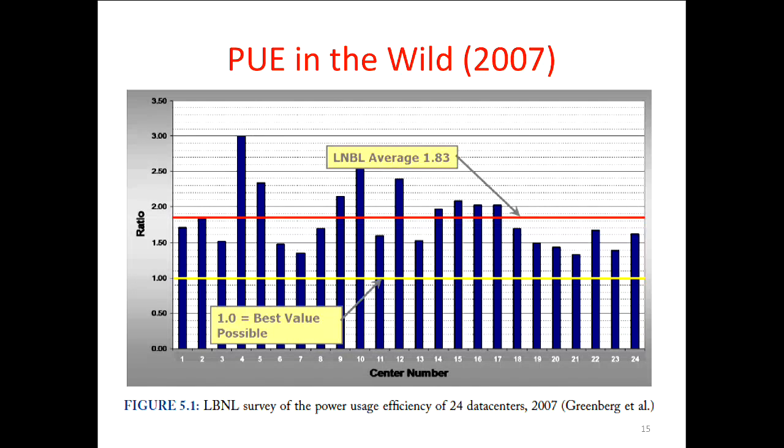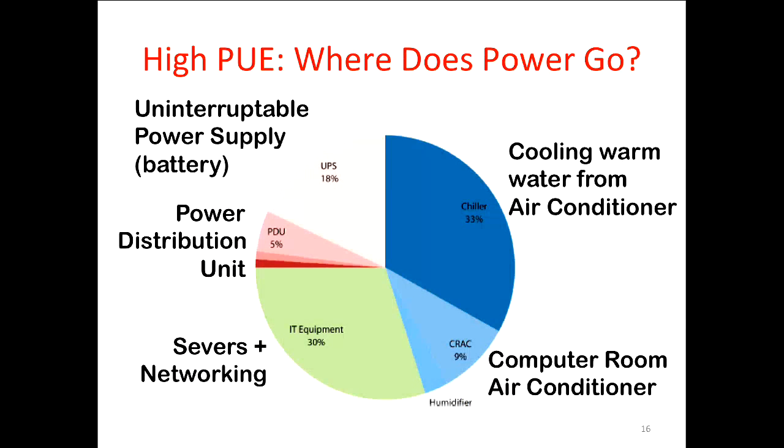So then where does the energy go? Here we have the power breakdown for a warehouse scale computer. Only 30% of the total power is consumed by the computing unit, and roughly 20% of the total power is consumed by the power supply system.